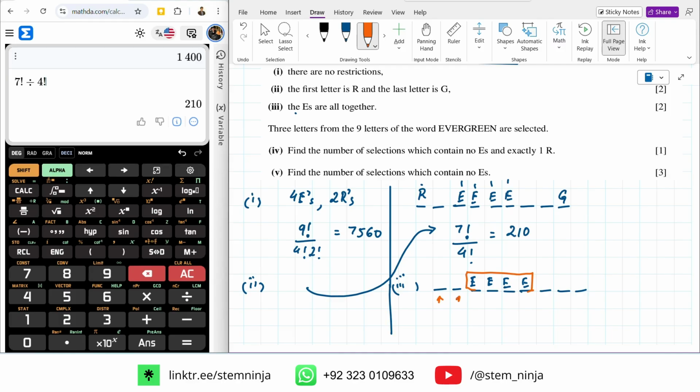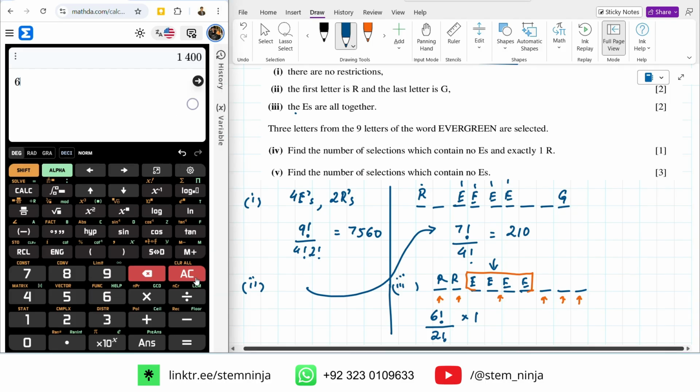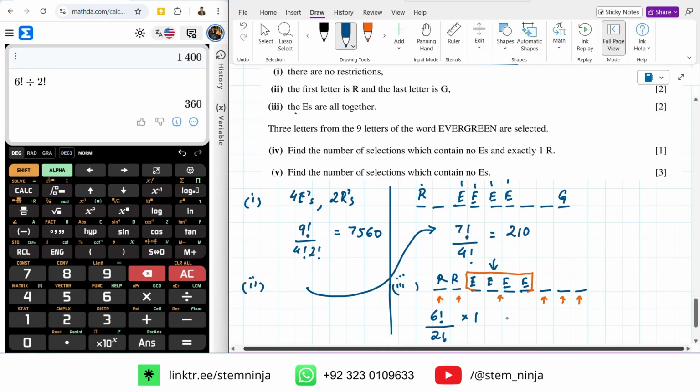So we have 1, 2, 3, 4, 5, 6 units, divided by, we had two R's also, so divided by 2 factorial for R's. And we don't have to worry about the arrangements of E's inside because they're all identical. So we just times by 1. So that would be 6 factorial divided by 2 factorial. This would be 360.